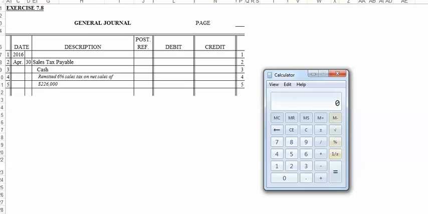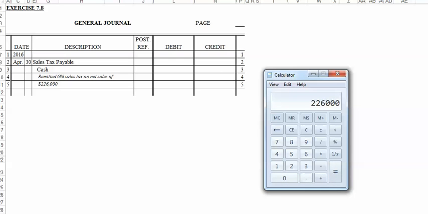So sales for the month or the quarter or whatever, I think it's the month, were $230,000. And sales returns and allowances were $4,000. So we're going to subtract $4,000.